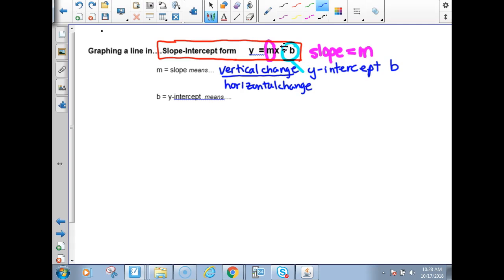Another way to say vertical change over horizontal change is change in y with a delta symbol over change in x, where the triangle means change. You might have seen that in science before. Vertically means up or down. Horizontally is right or left. So it's the y change over the x change.